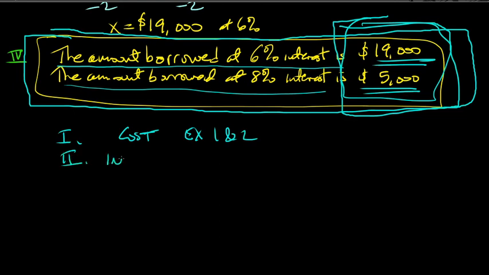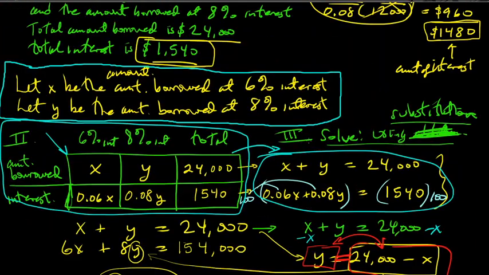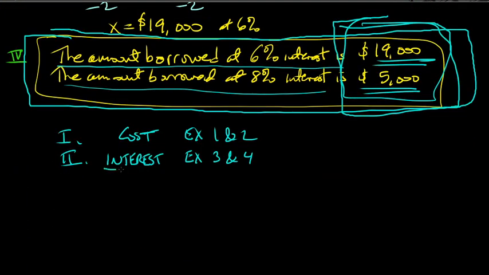And the second has to do with interest, either if you're borrowing money or if you're investing money. I think example 3 was investing money, and you get a rate of return. And this example here, example 4, was borrowing money, and you have to pay back the interest. So 2 types of problems.